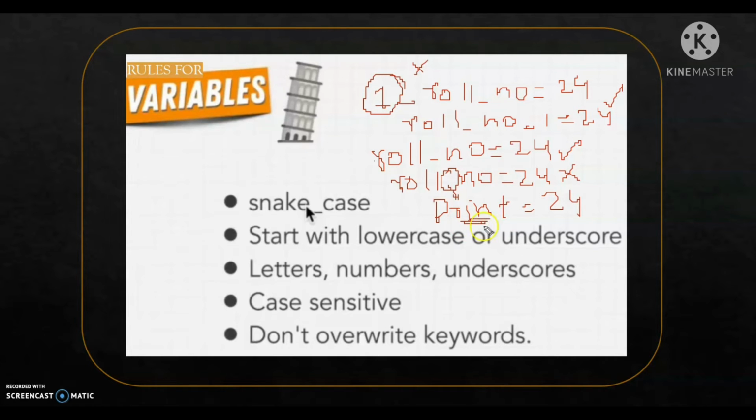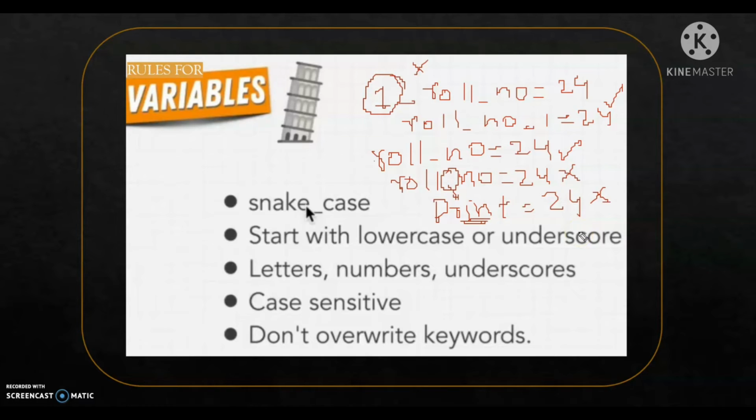There are so many keywords, but you need to be very careful while assigning a variable, and this will give an error in Python. So this has to be kept in mind.